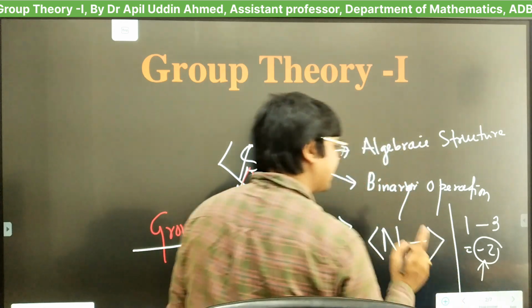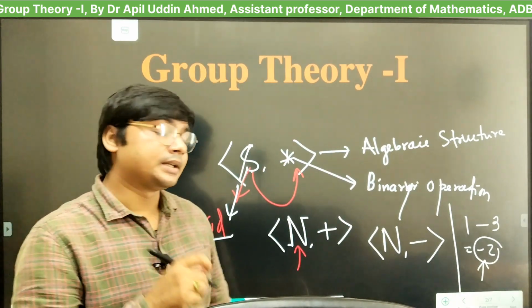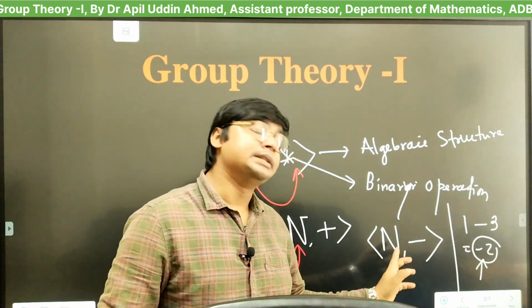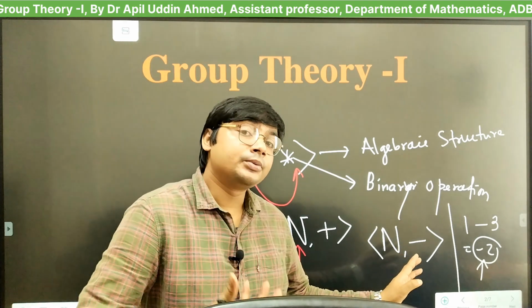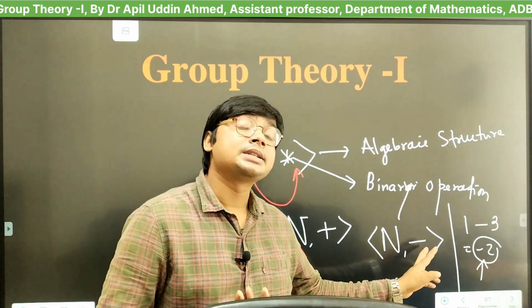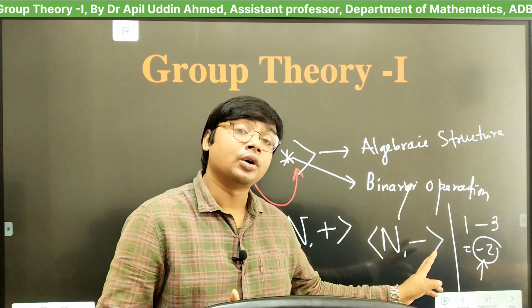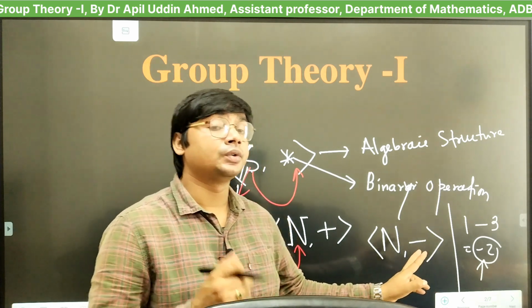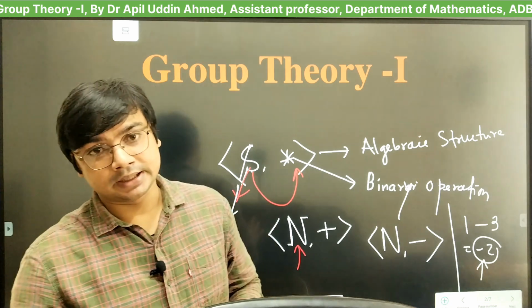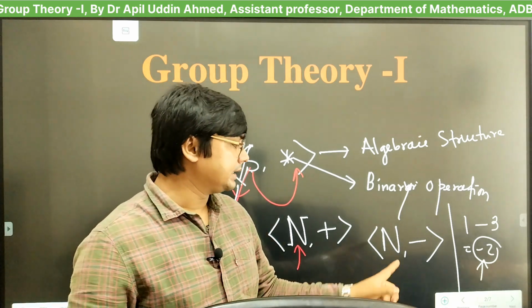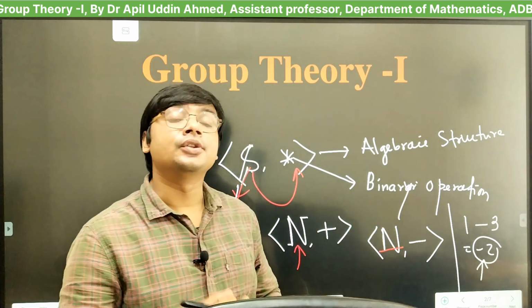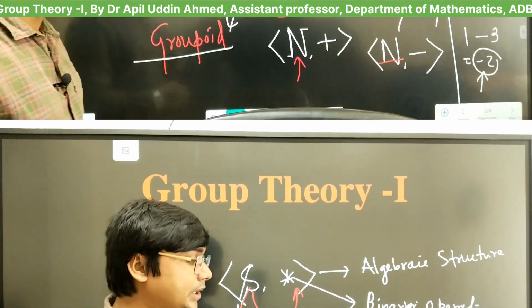But this minus 2 is not in N. That means subtraction is not a binary operation on the set of natural numbers, and hence we can say N is not a groupoid with respect to subtraction.